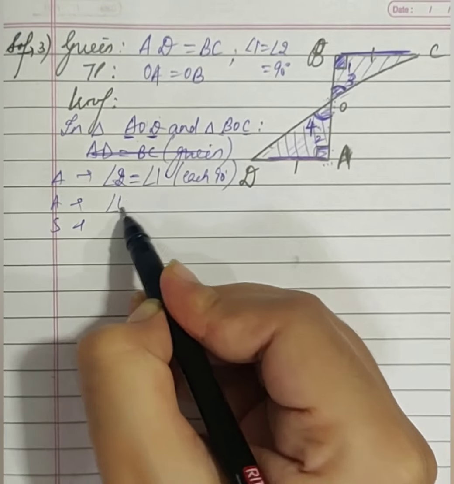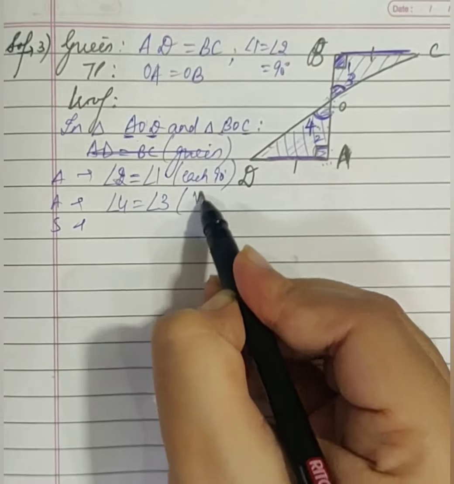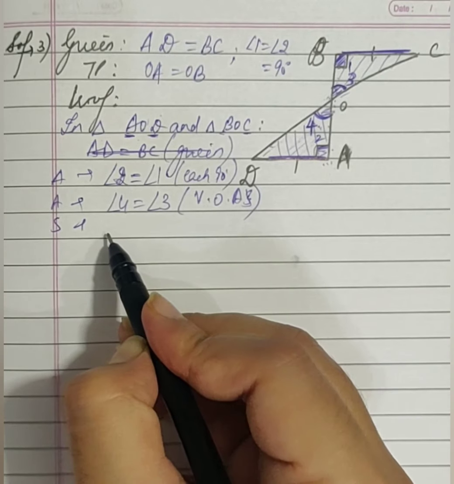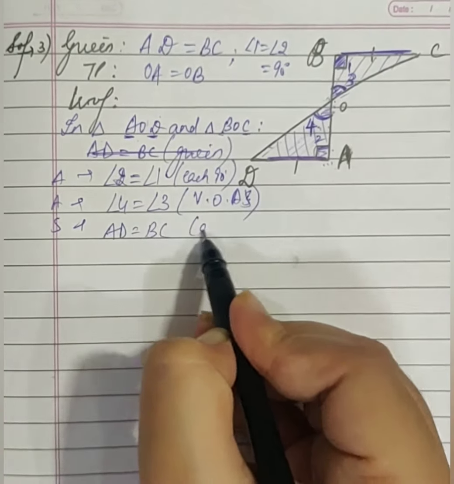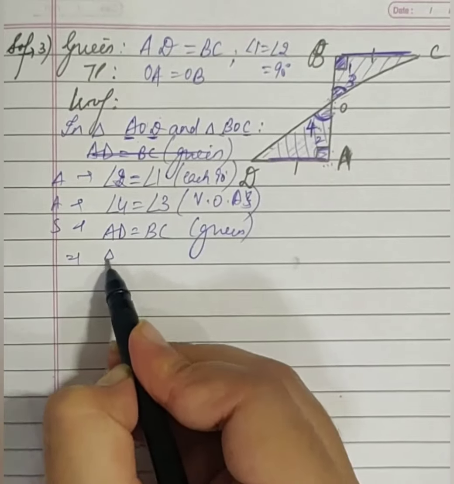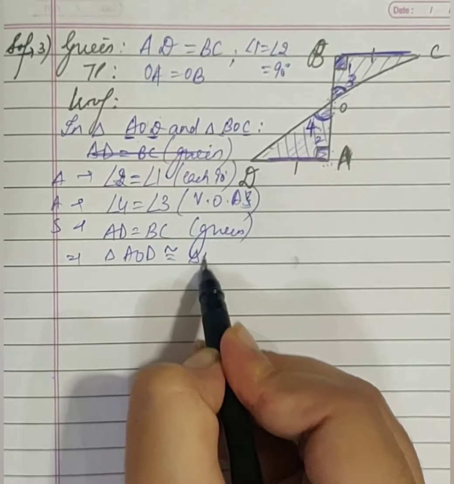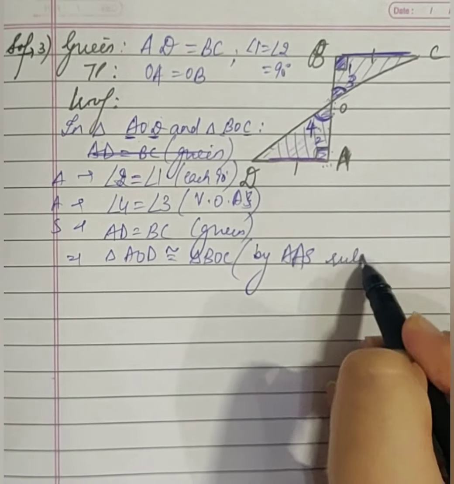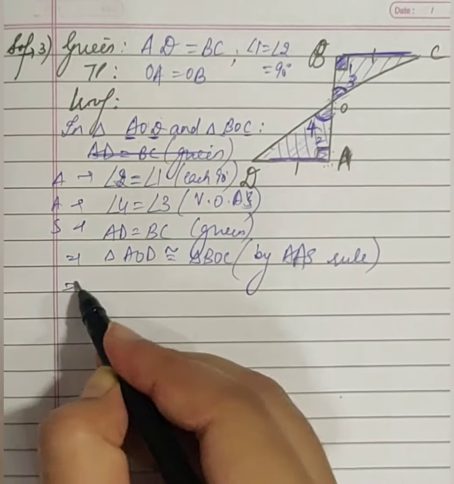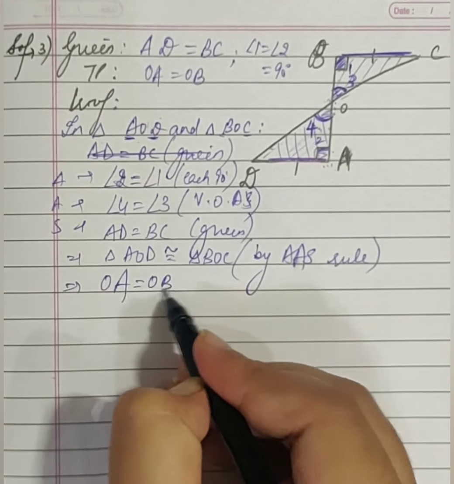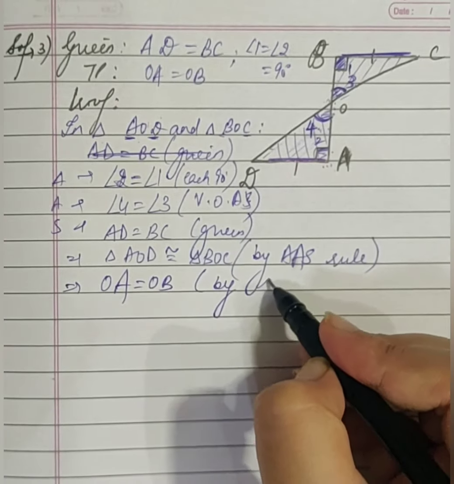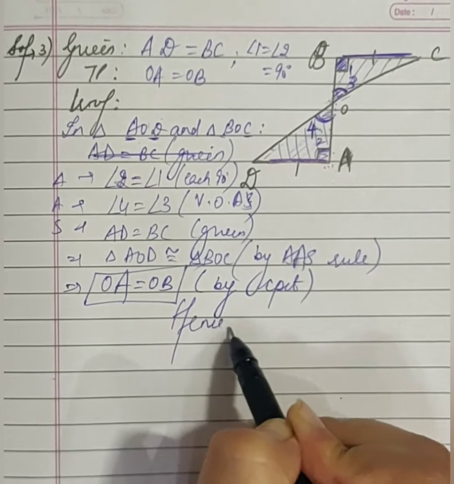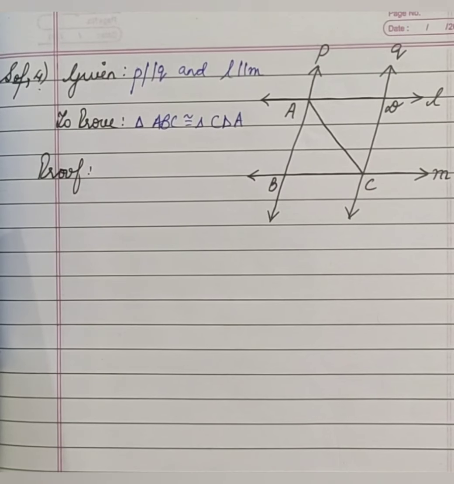Second reason is angle 4 is equal to angle 3, vertically opposite angles. And the last condition is AD is equal to BC. The reason is given. It implies triangle AOD is congruent to triangle BOC by angle side rule of congruence. It implies OA is equal to OB. The reason is by CPCT. Hence, proved.